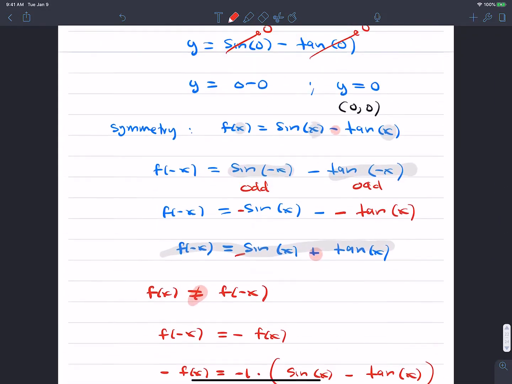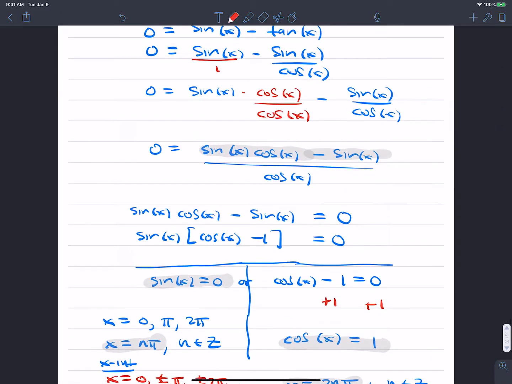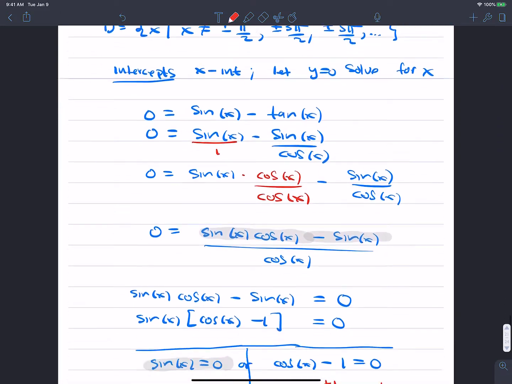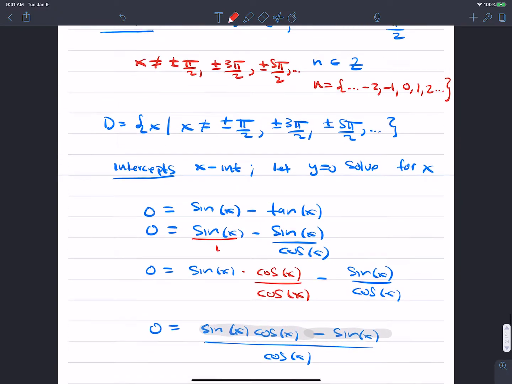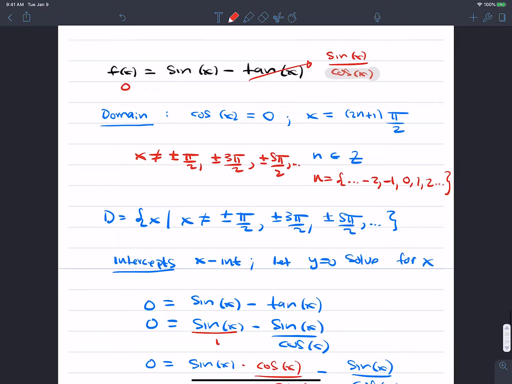Uh-oh, let's go back to the domain question. Maybe, where's the domain? Oh, sorry. It's right here. It's odd multiples of pi over 2. Is that right? Yeah.